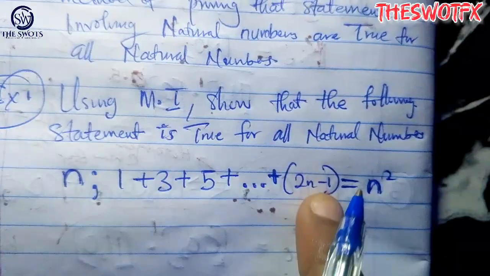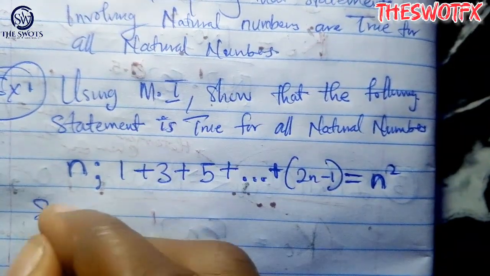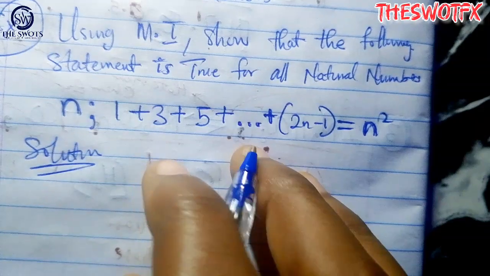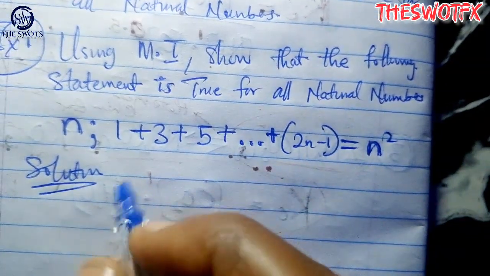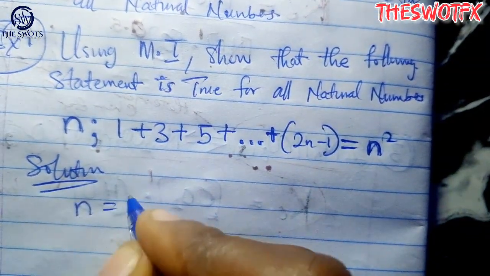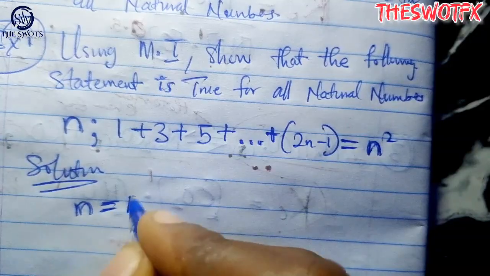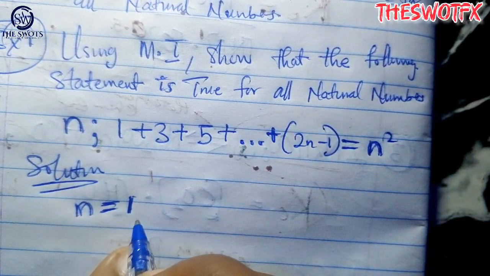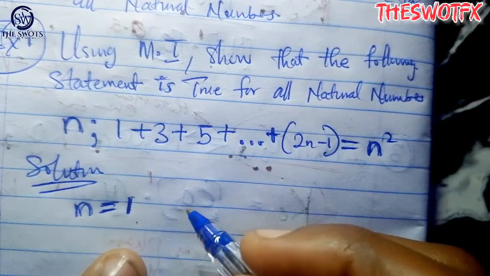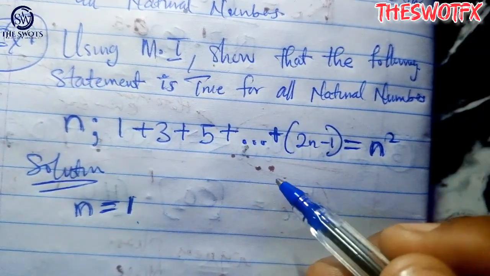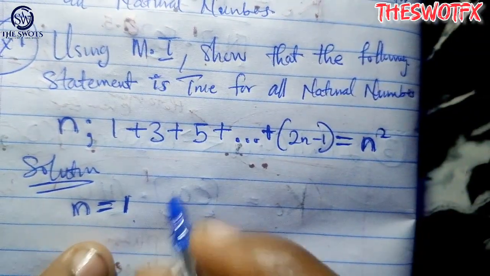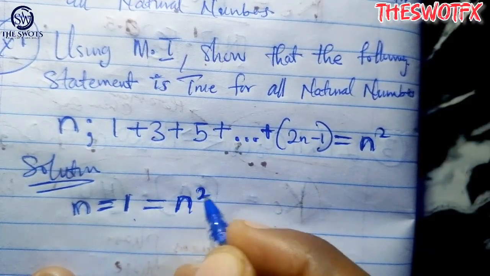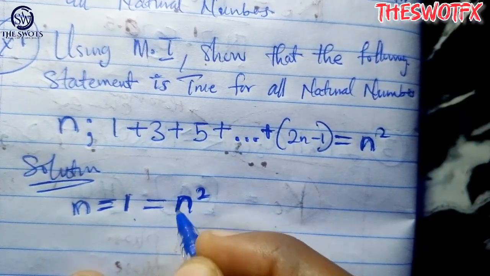Now, to explain this expression properly, what it means is that when your n is equal to 1, and you sum, will it give you n squared?